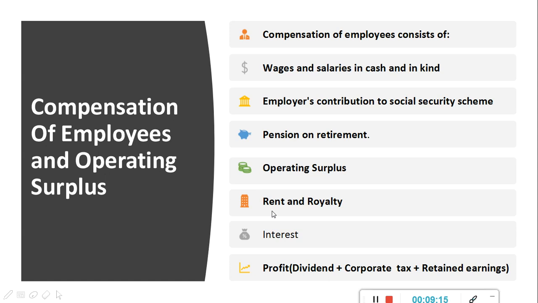And the third part is retained earnings. Retained earnings is the amount that the corporate sector or firms or production units keep with themselves for their further expansion. And the other name of retained earnings is savings of the private corporate sector.